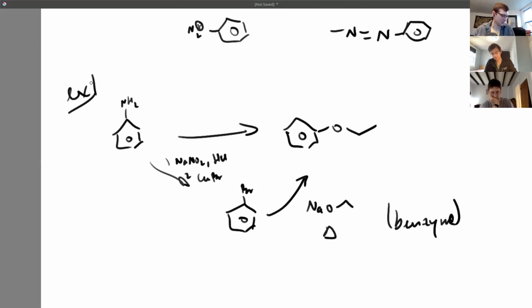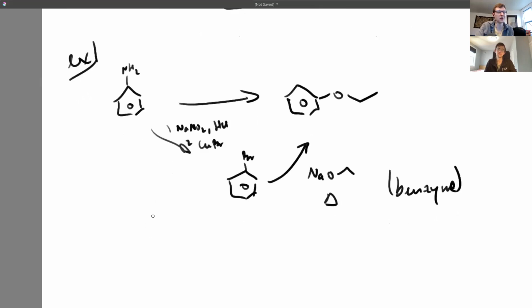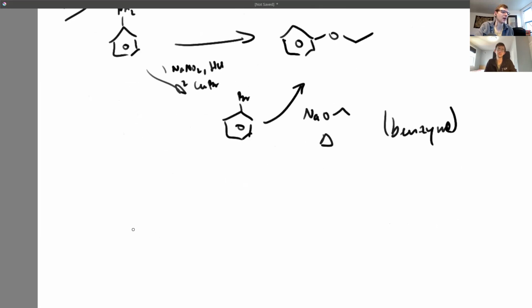Benzyne has been experimentally detected. It must do something crazy where the ring distorts itself to accommodate that triple bond, which is the only way I can conceptually accept that. I guess there are other situations where we have uncomfortable double bonds, right? This abomination to God exists.